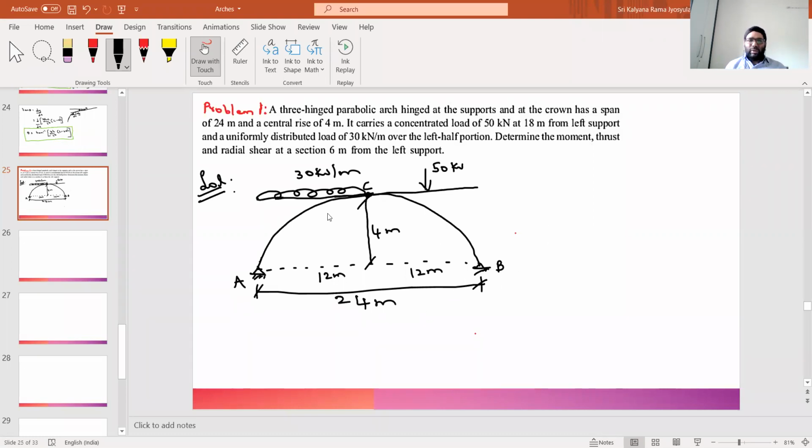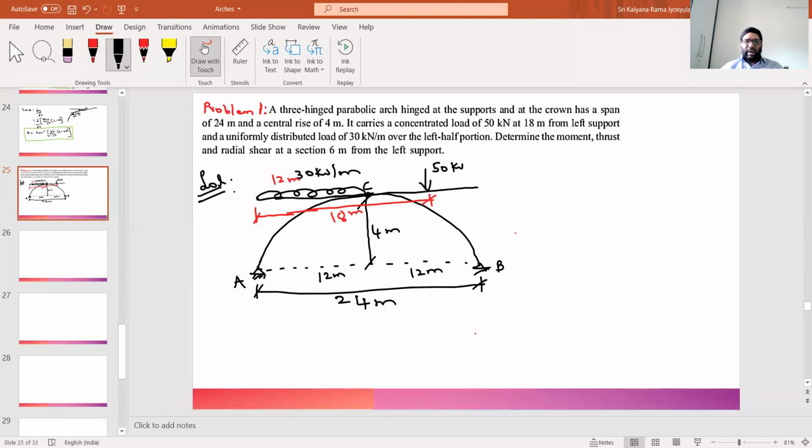So now this is the given arch. 18 meters from the left support. This is 18 meters. I am just sketching it through the arch so that it's easy to understand here. 18 meters, and this is 12 meters UDL.